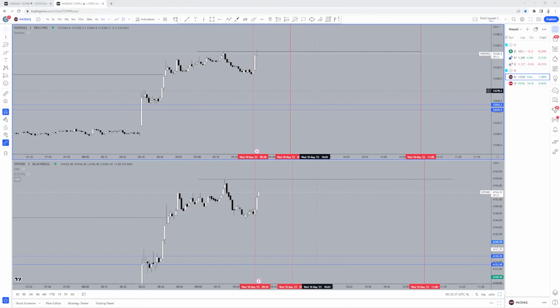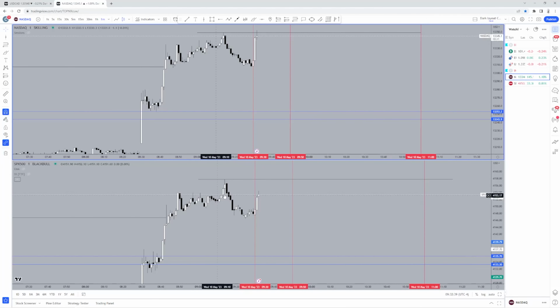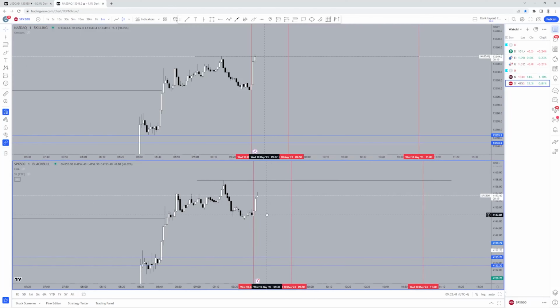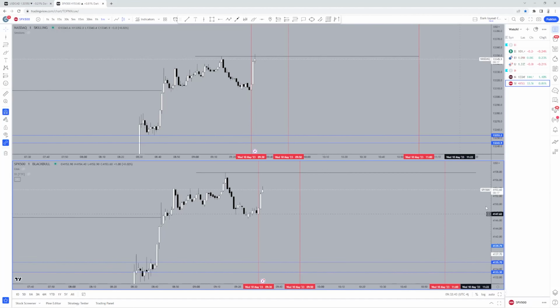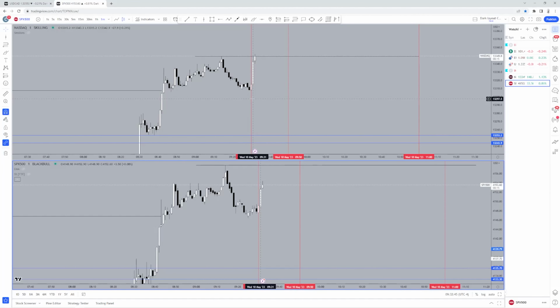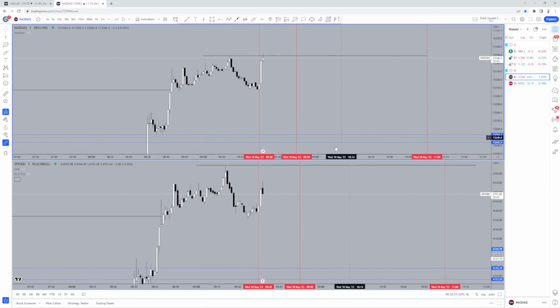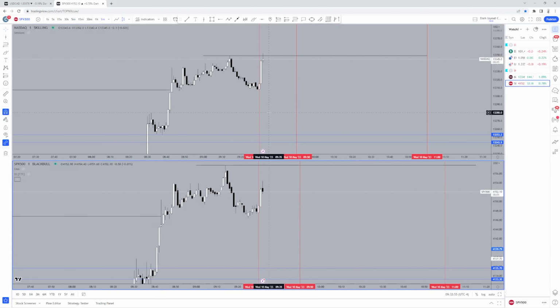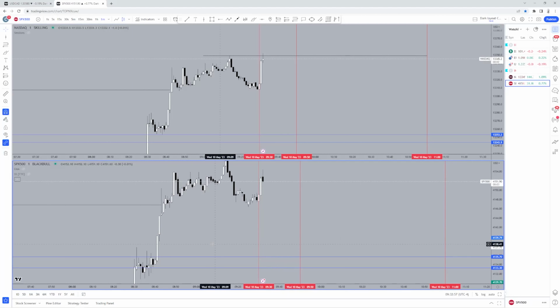Now we have grabbed the liquidity above this area. We still have divergence with SPX500. It is 9:32 New York time. If I would target something in these occasions, I would target the breaker blocks.